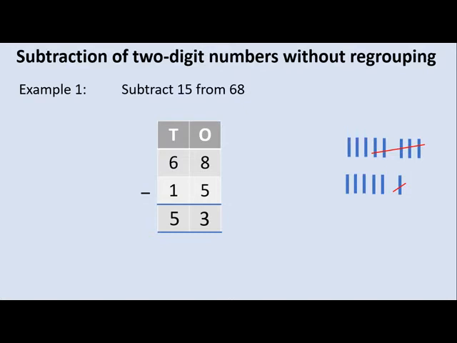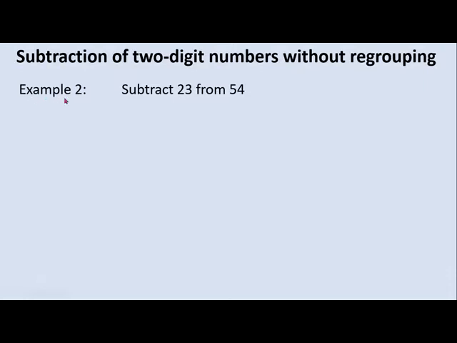Now let us move to the other example. Example number 2. Subtract 23 from 54. We will write down the given numbers one below the other, keeping in mind that subtract 23 from 54 means we have to subtract 23 from 54.